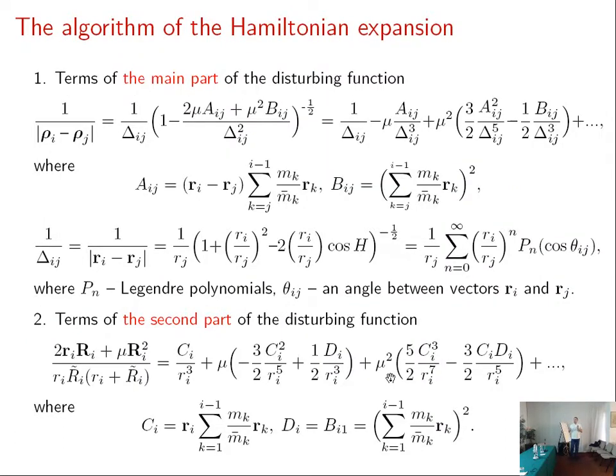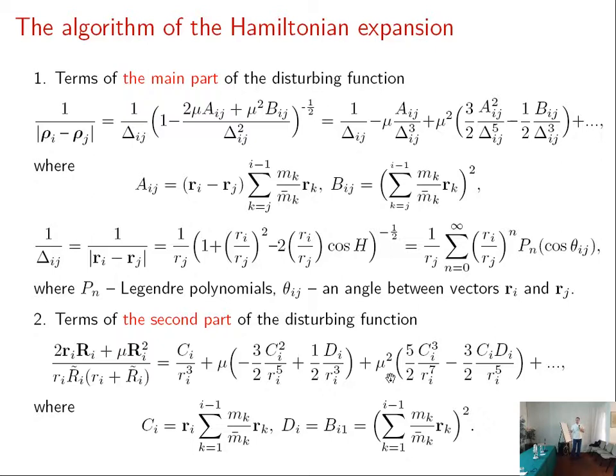Let's consider the algorithm of the Hamiltonian expansion. Firstly, we implemented a simple Poincaré processor for the construction of expansions for Cartesian coordinates, the distance from the origin to the planetary position, ratio of distances, and scalar products. This is the inverse absolute value of the difference between two Jacobi radius vectors.